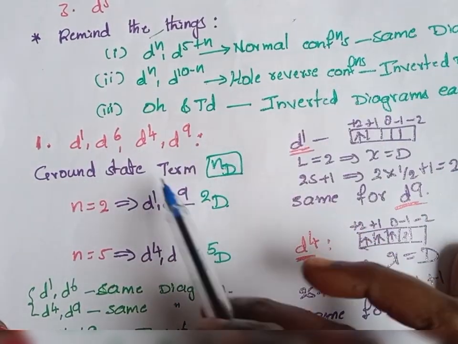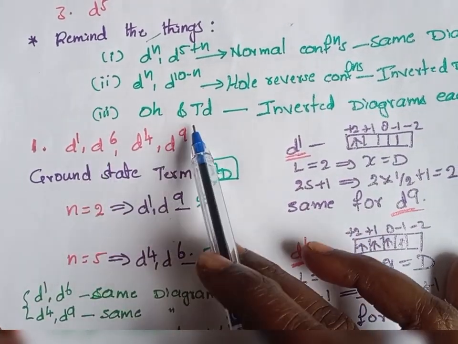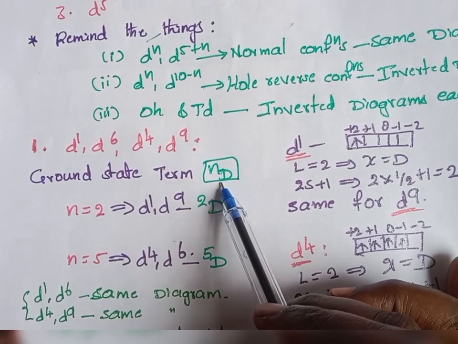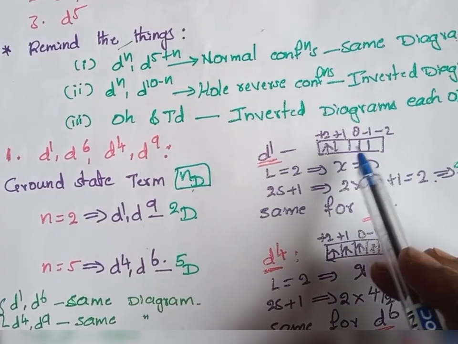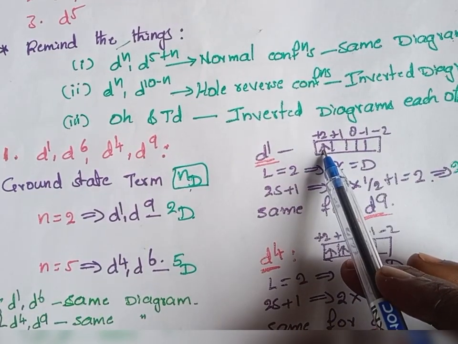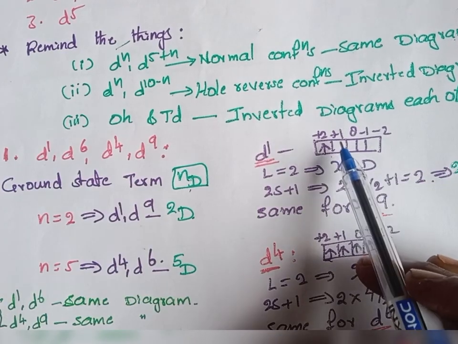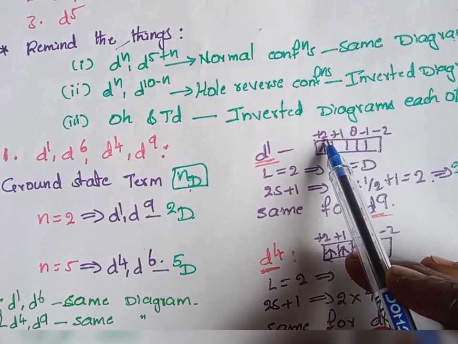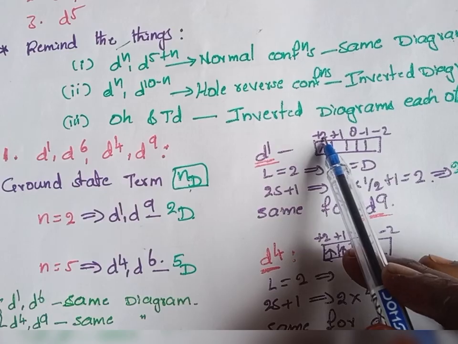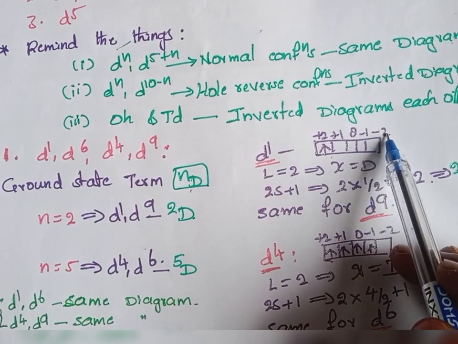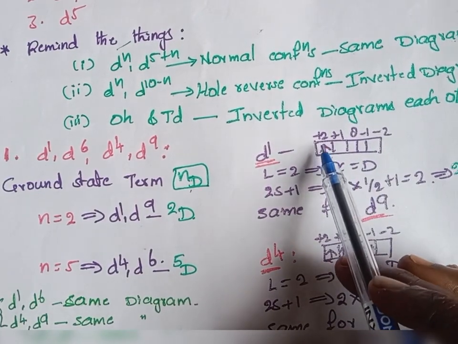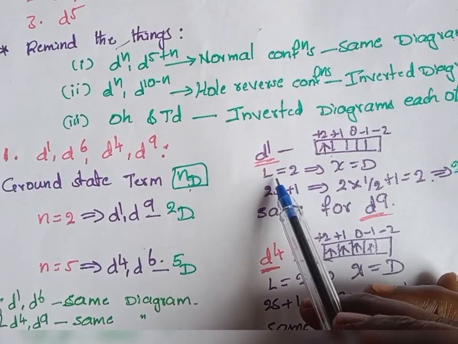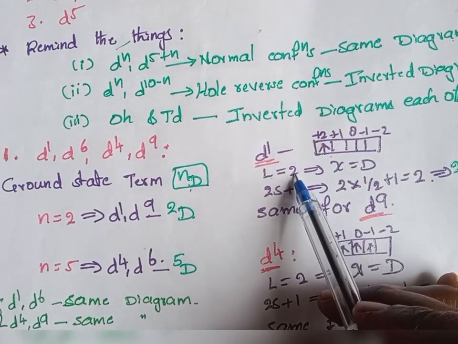So, the ground state term for all these four electron configurations is nD. If you see d1, one electron is occupied in the d subshell. We have given the d orbital m values +2, +1, 0, -1, -2, right? So the electron is occupied here, so the L value is +2.